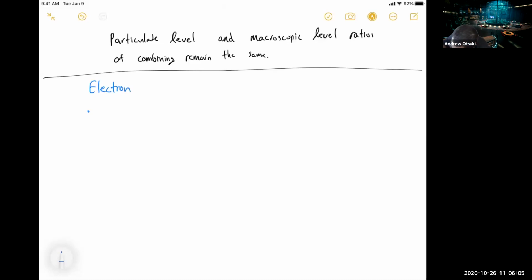So, a subatomic particle. And in chemistry, the electron is everything. It's a subatomic particle carrying a unit negative charge.